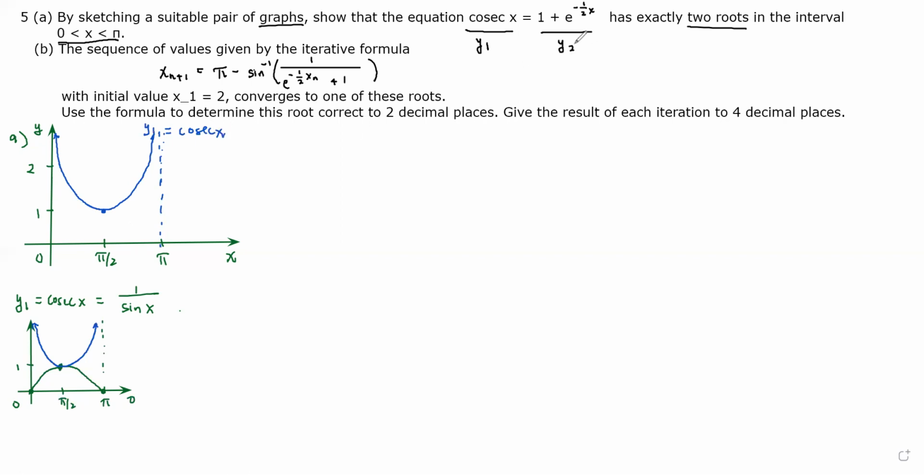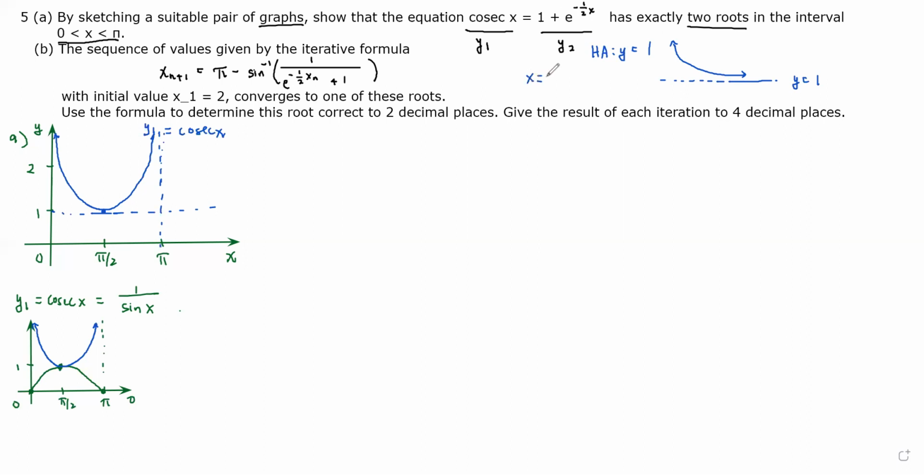y2 is 1 plus e to the negative 1/2 x. When you have e to the negative 1/2 x plus 1, this graph has a horizontal asymptote y equals 1. So you have y equals 1, and e to the negative 1/2 x is a graph that is decreasing all the time, but it will never touch the horizontal asymptote y equals 1.